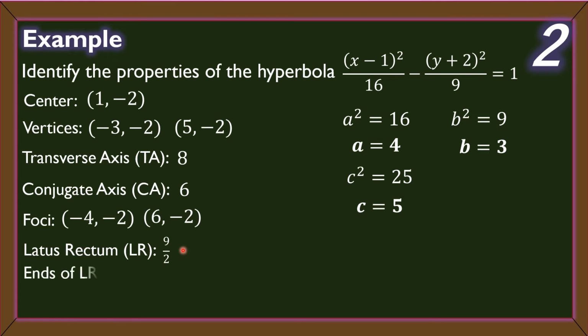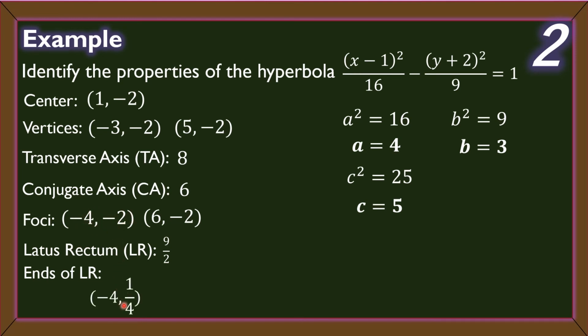This time, let us identify the ends of the latus rectum. Since the transverse axis is parallel to the x-axis, the ends of the latus rectum will have the same x-coordinates as the foci. Let's have the ends of the latus rectum that is collinear with (-4, -2).